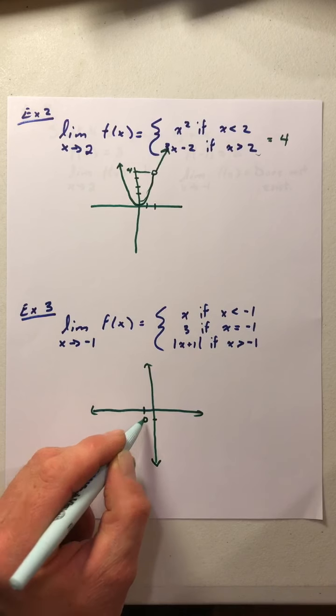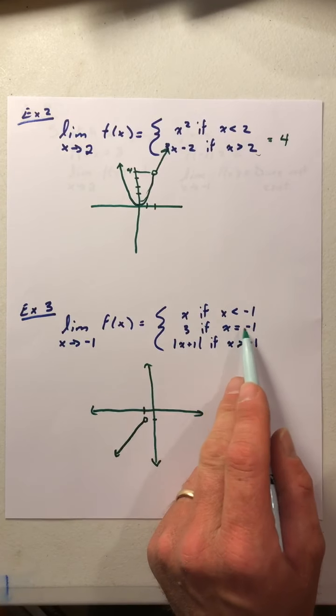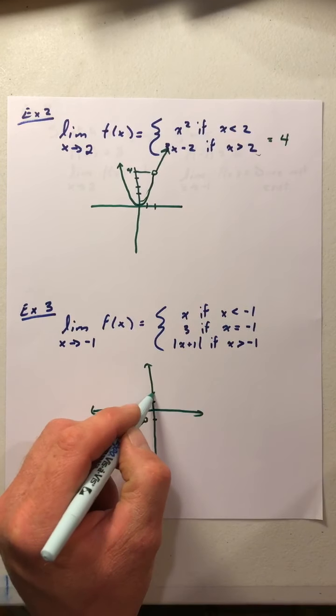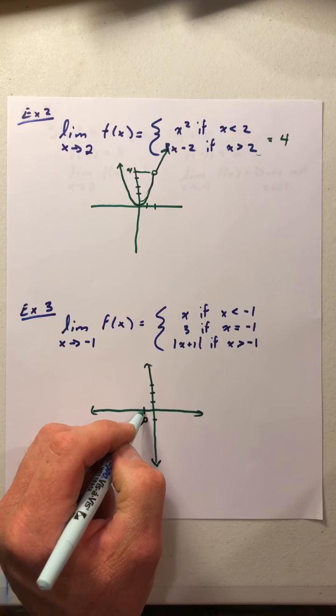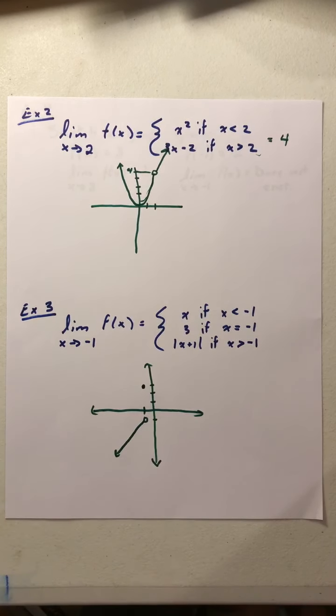We have a positive slope going into negative 1, so that's that part of the graph. Here we have 3 if x equals negative 1, so we're defined at x equals negative 1 with the value 3. That gives us a single point for our graph.